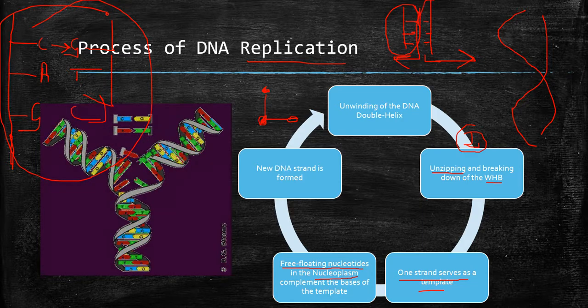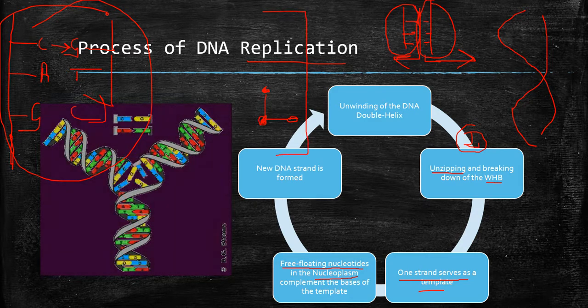Now the other strand as well, the same process would happen. Now notice this, the other strand here, if we can redraw its coding, cytosine, guanine, thymine, and cytosine.